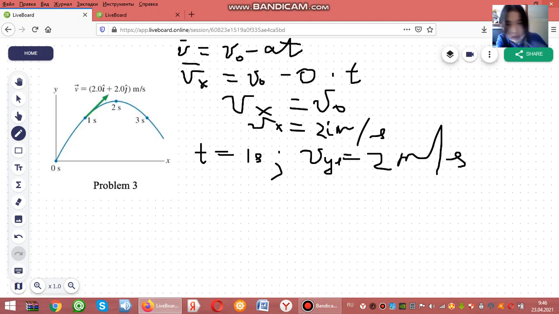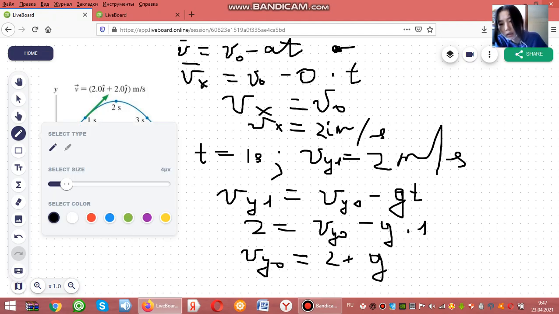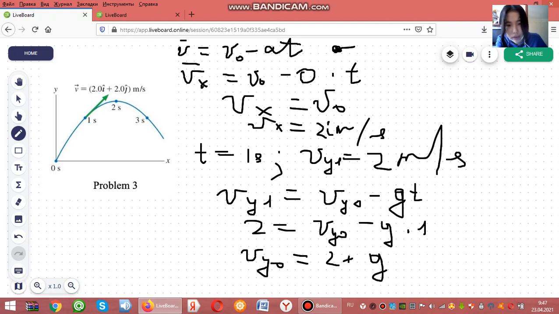And again, using this equation, Vy1 equals V0y minus g, and here g is unknown. As you can see, we have two unknowns, V0y and gravity. Okay, that is what we actually need to find.